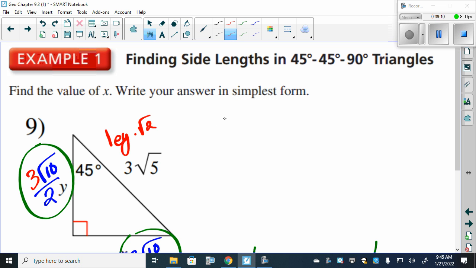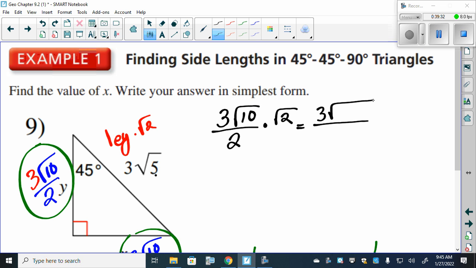So that means if I take 3 square root of 10 over 2, and I multiply this by the square root of 2, I should get back to what? 3 square root of 5. And if we do this here, well, the square root of 2 is going to multiply by the 10. 2 times 10 is 20. And we can simplify it because square root of 20, well, 20 is 4 times 5.